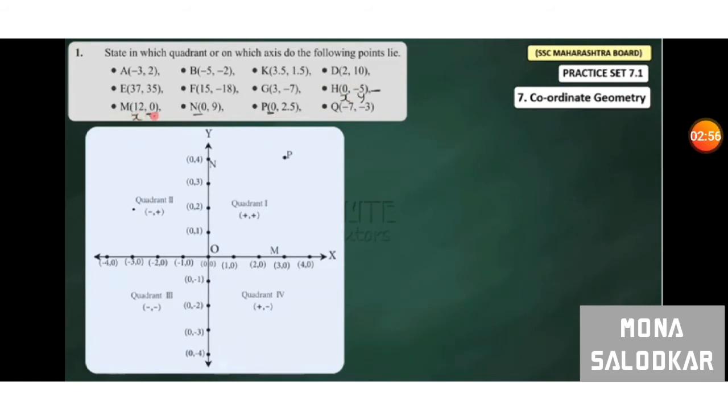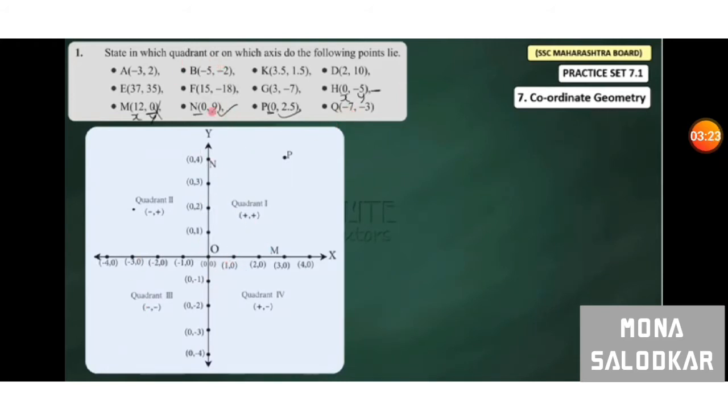So 0, minus 5 means it lies on the y-axis. 12, 0 means it lies on the x-axis. Then 0, 9, it lies on the y-axis. And point P, 0, 2.5, means the y coordinate is given, so it lies on the y-axis. And then point Q, both are negative, so it lies in the third quadrant.